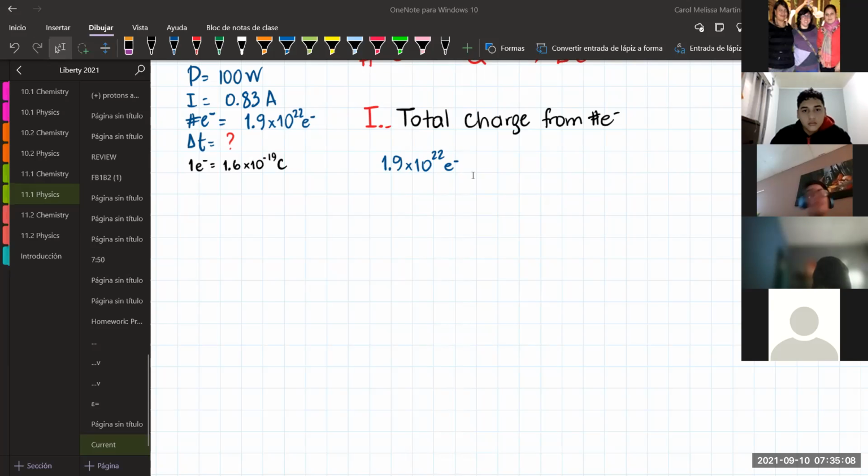So my total charge is going to be my number of electrons multiplying the individual charge of each electron. If you want to keep it as a formula, it's going to be like that.